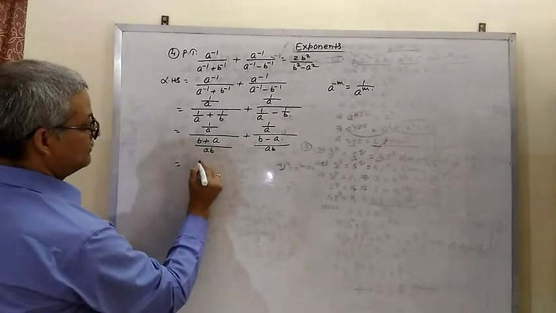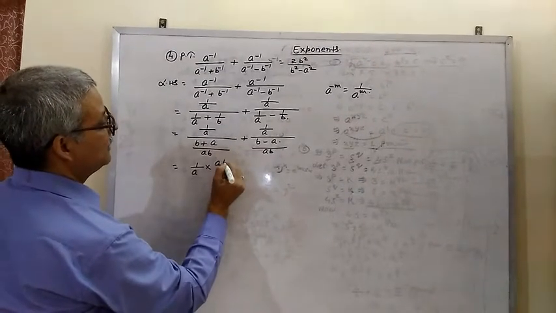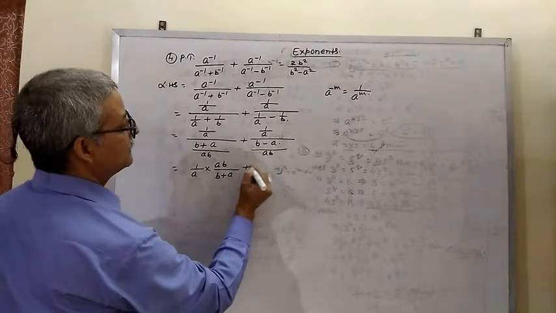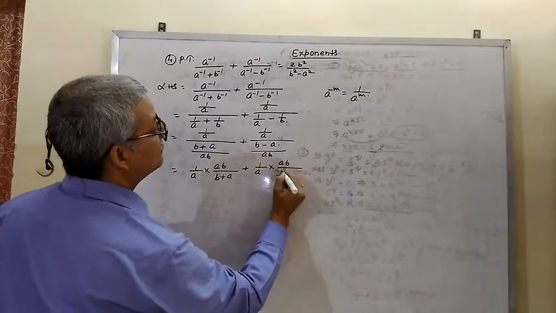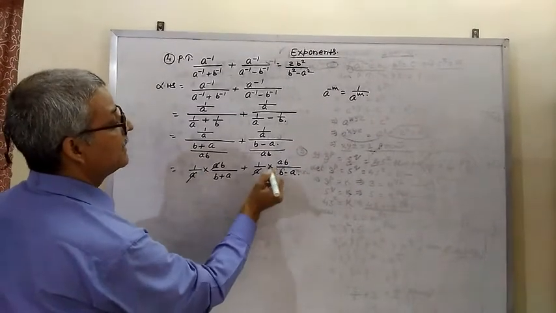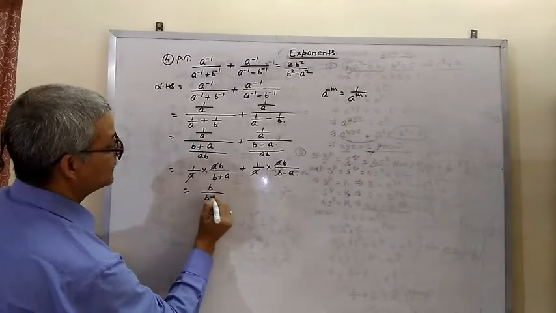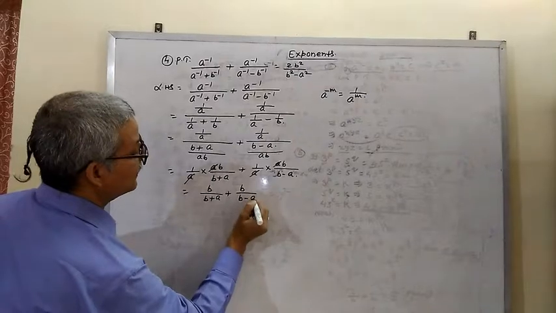Now this is equal to 1 by a into, this ab goes in the numerator, ab by b plus a, plus 1 by a into ab by b minus a. A and a cancel, here a and a cancel. Now it remains b by b plus a plus b by b minus a.